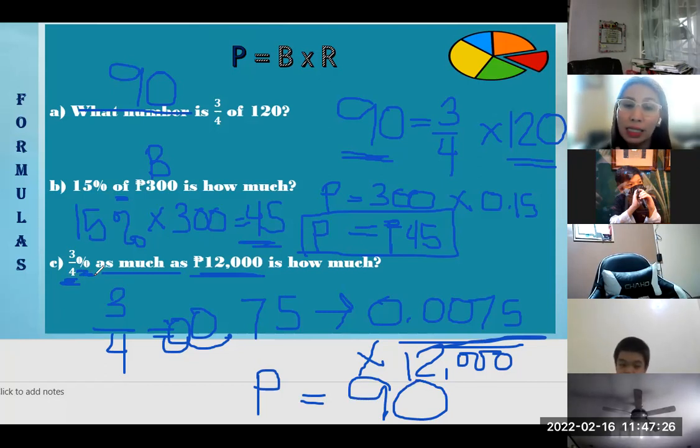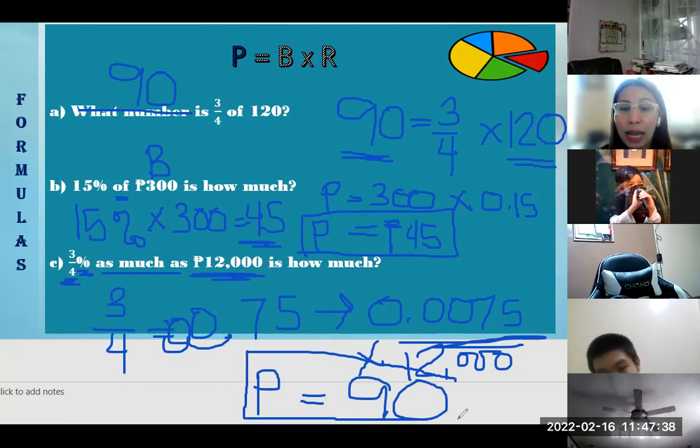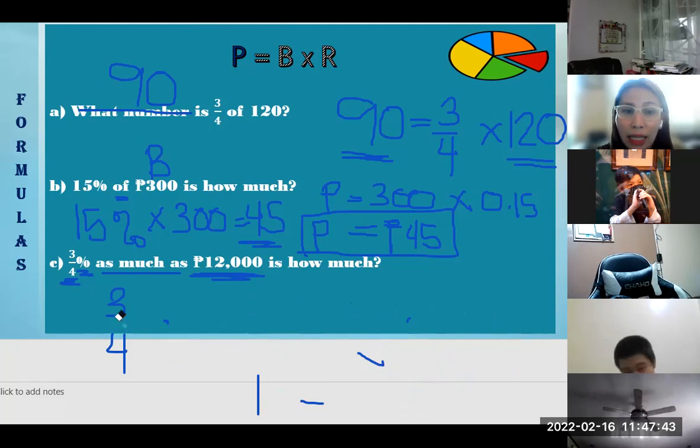Okay, so kaya siya 0.0075. Okay? Multiplied by 12, which is the base, 12,000. Then, meron na tayong percentage na 90. Okay, percentage. So, analyze natin. Class 90.